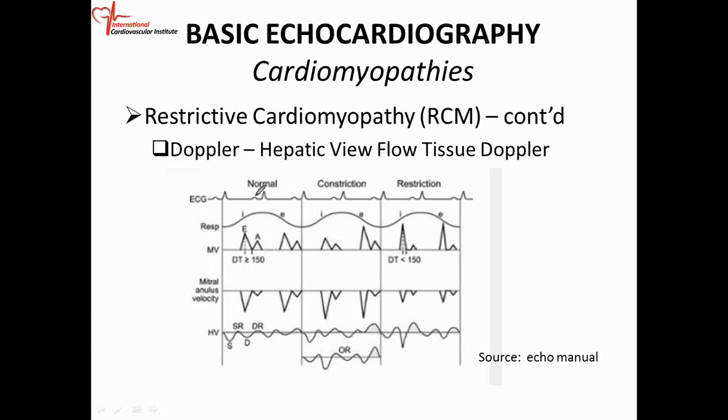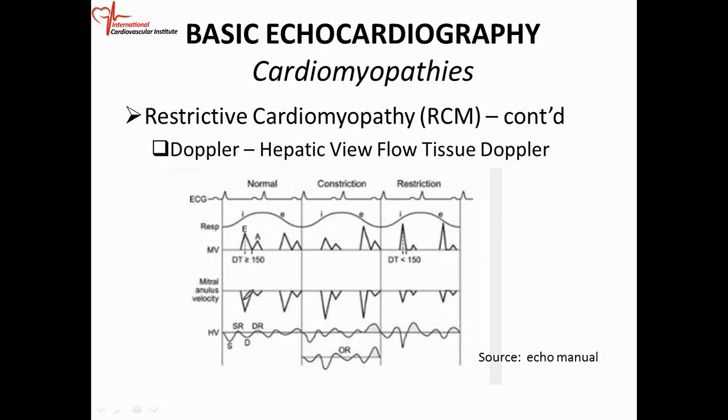So again, in a normal scenario, okay, with inspiration and expiration, your E and your A, that's your mitral inflow, it's going to be roughly the same in a normal individual. Your tissue Doppler, mitral annulus velocity, it's a normal individual.